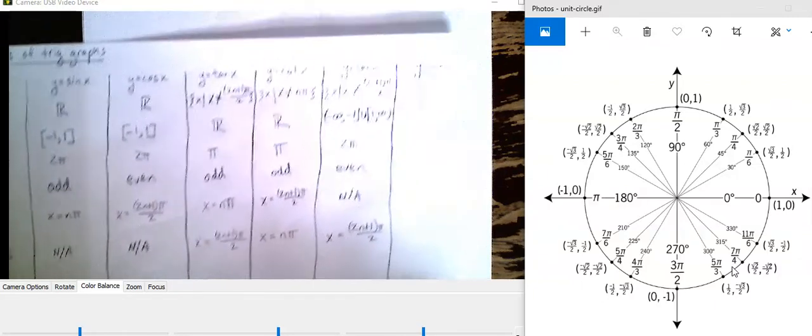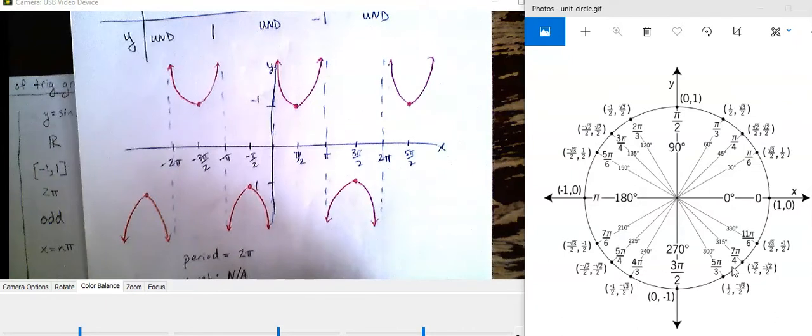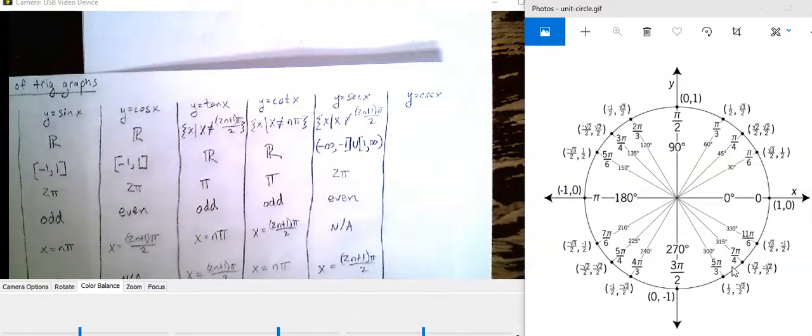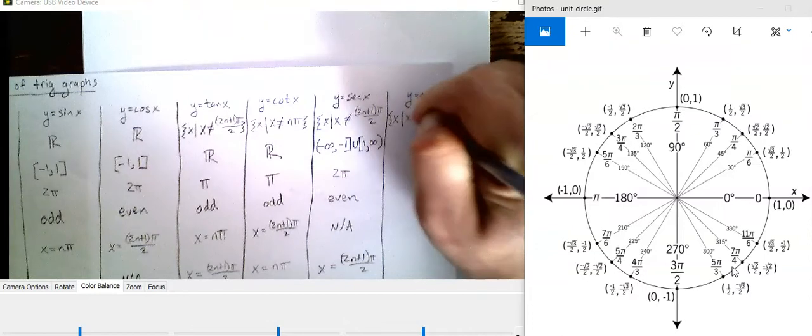Last up, cosecant. If we look, the domain restrictions are any whole number multiple of pi. So all the x's such that x can't be n pi.